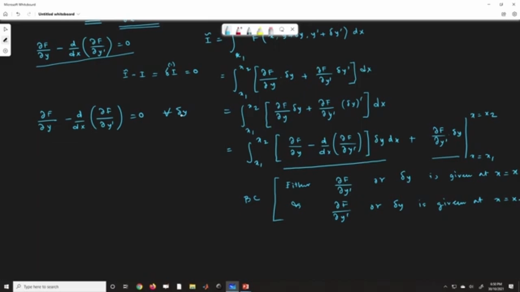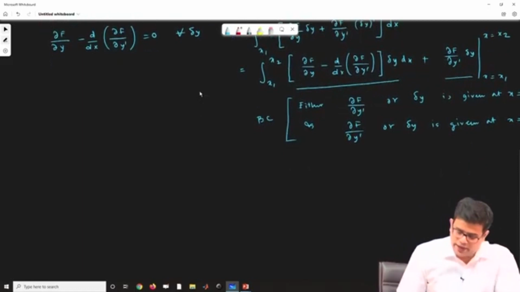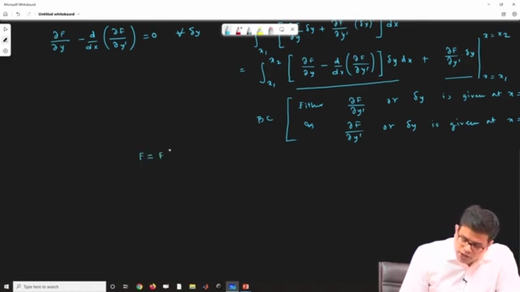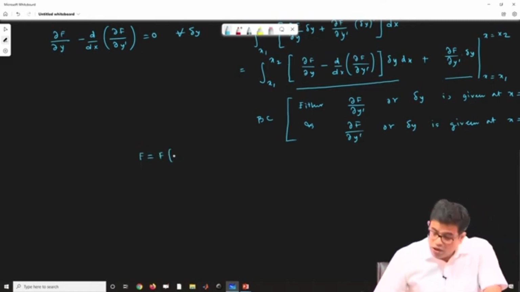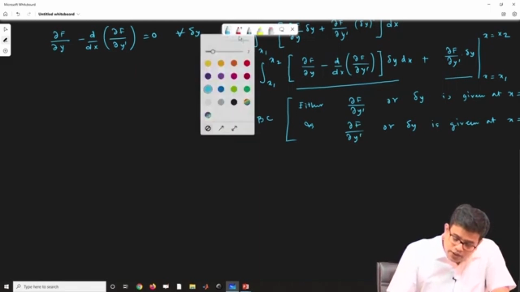So this is the case, and one important thing is that this Euler-Lagrange equation for the functionals that we derived can also involve the second derivative. For instance, suppose I have a functional of this form.